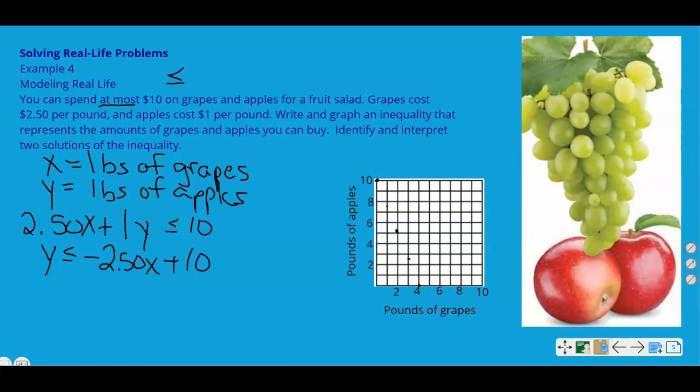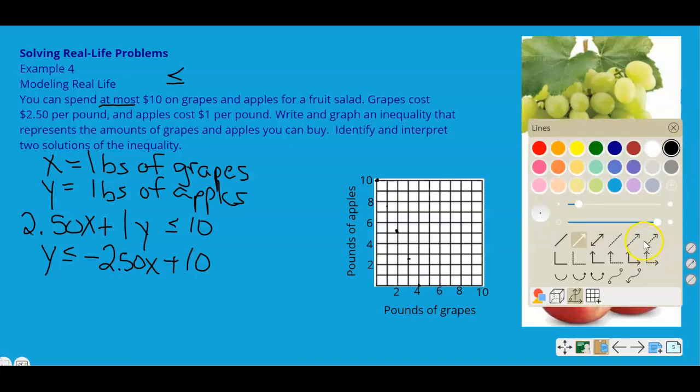All right, this says less than, so I'm going to use the less than is going to be, well, no, we got less than or equal to, so we're going to use a solid line here.